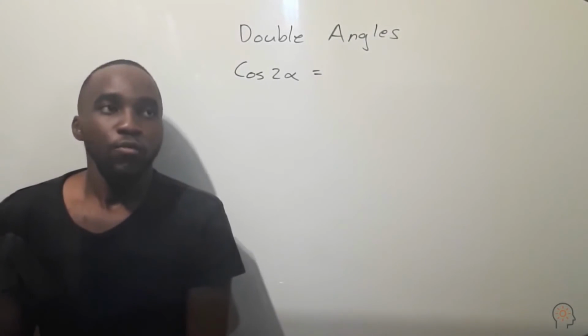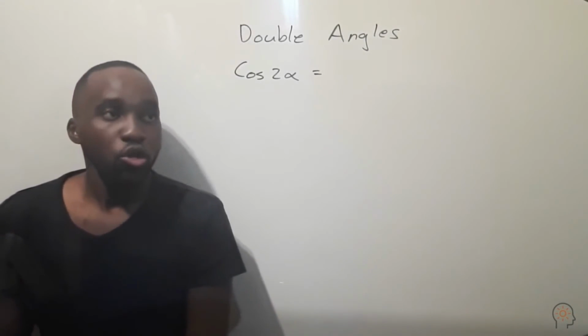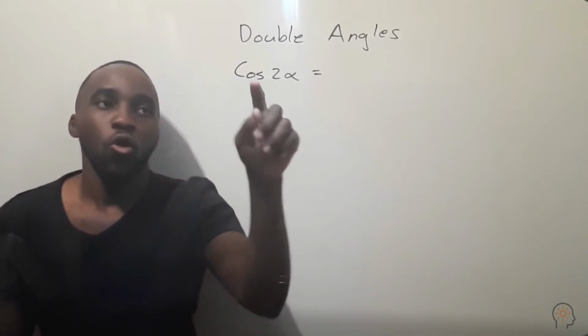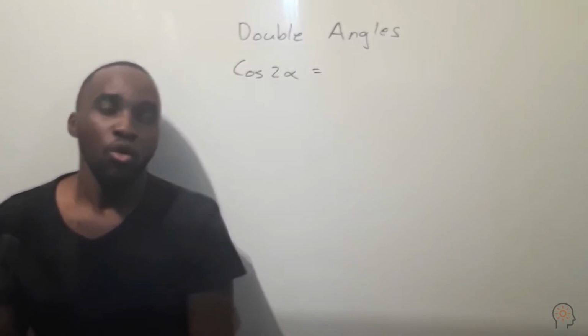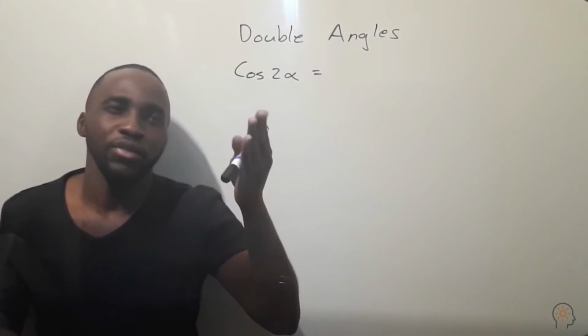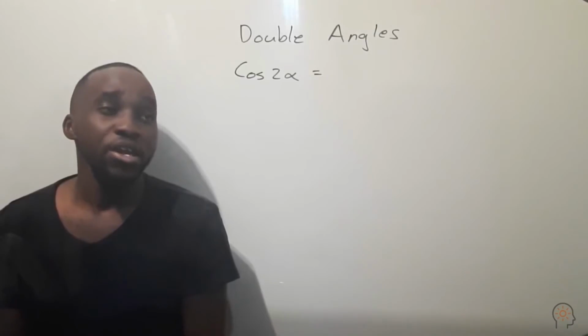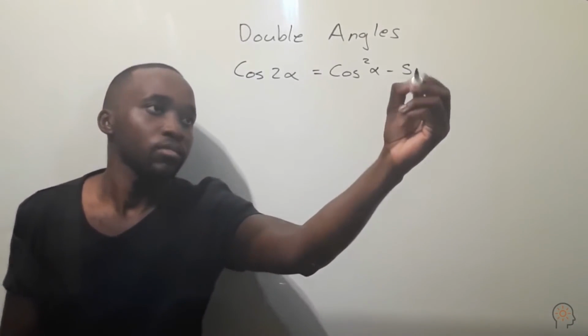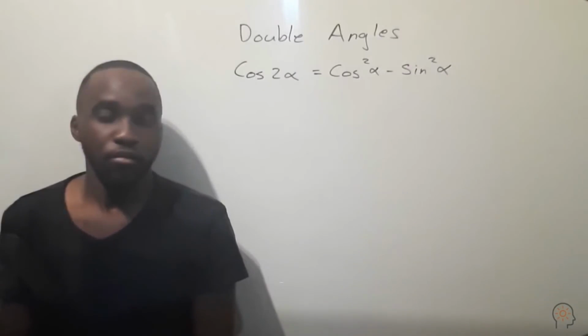Okay, so for cos, right, we know that with cos on your formula sheet, you have three formulas for the double angle of cos, if I can put it that way. So the main one, right, that you will see is this one, right?